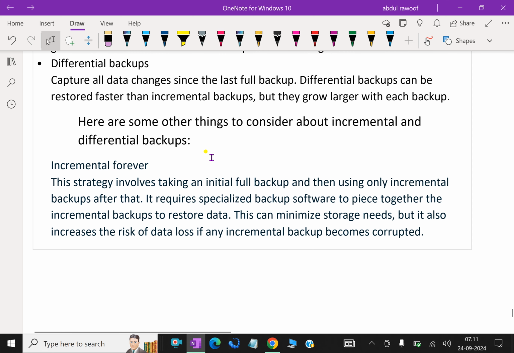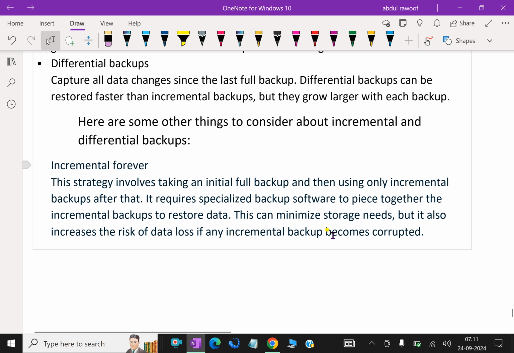Here are some other things to consider about incremental and differential backups. Incremental forever: this strategy involves taking an initial full backup and then using only incremental backups after that. It requires specialized backup software to piece together the incremental backups to restore data.